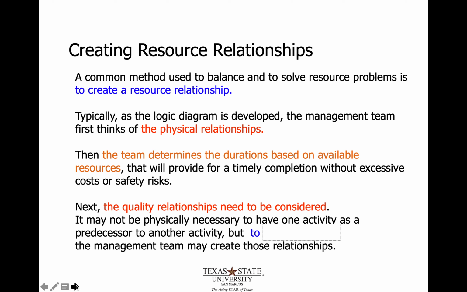So then the team usually determines durations based on the available resources you have, like we talked about in the determining durations lecture. But when building the schedule, you also need to notice that the quality relationships need to be considered. You may have accidentally produced a schedule without really thinking through how it links to actual resources.